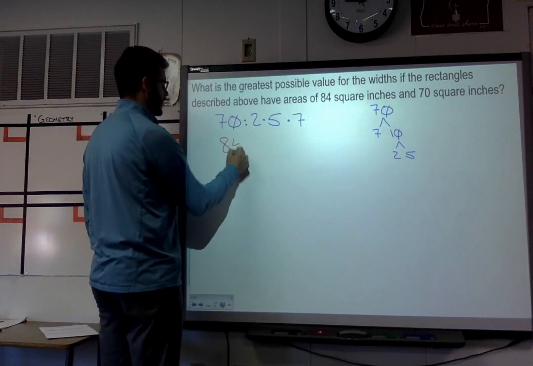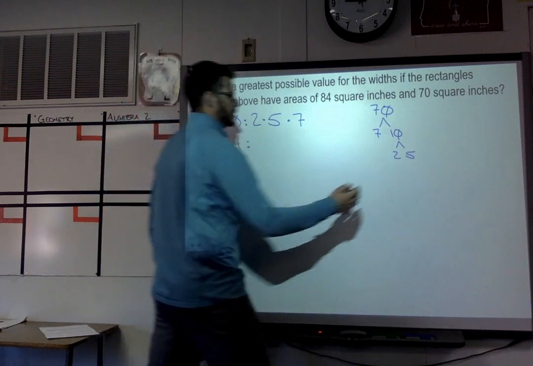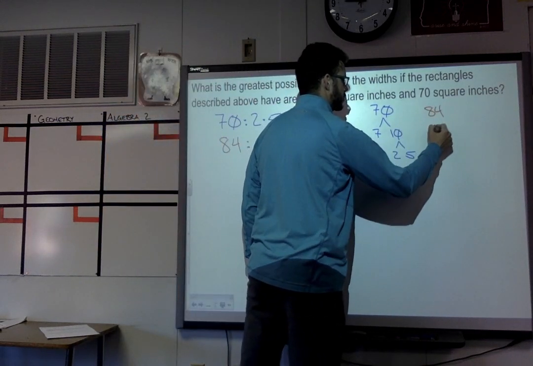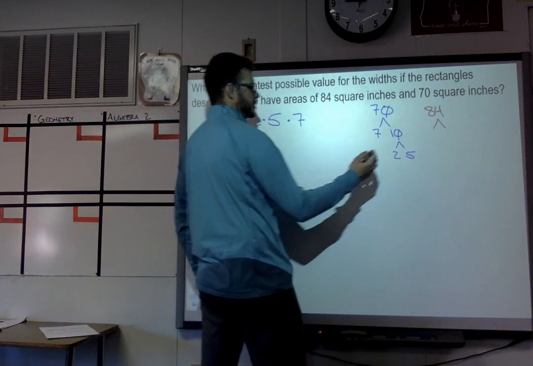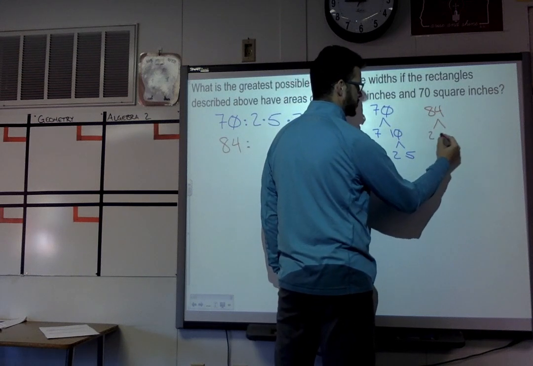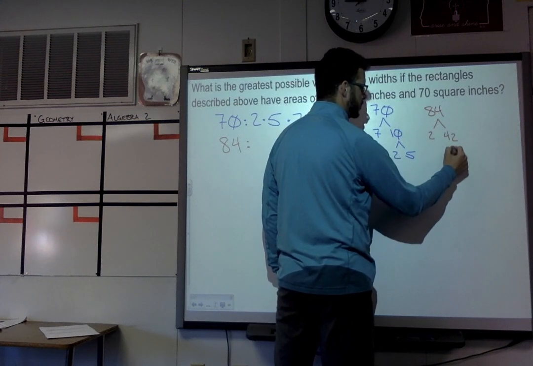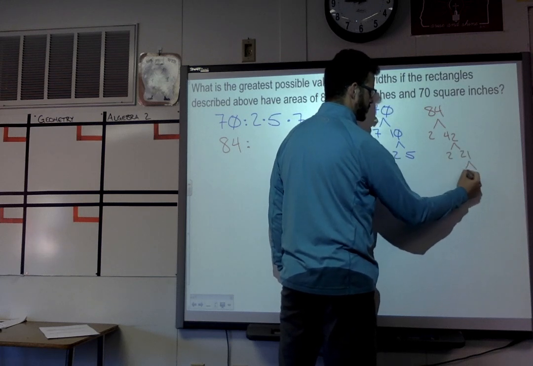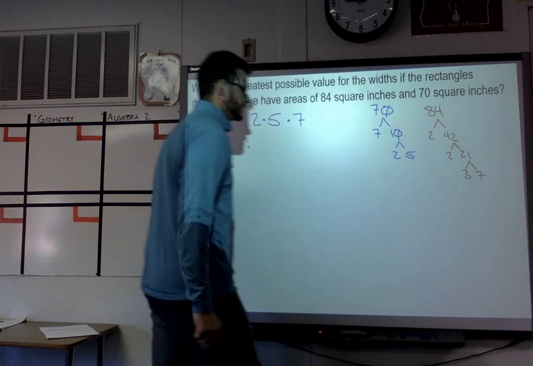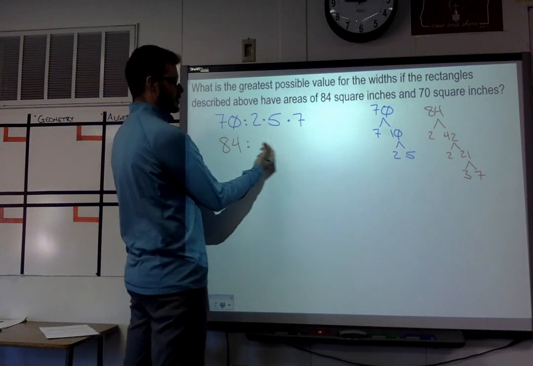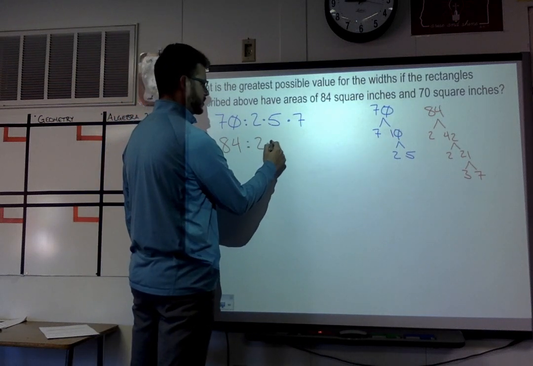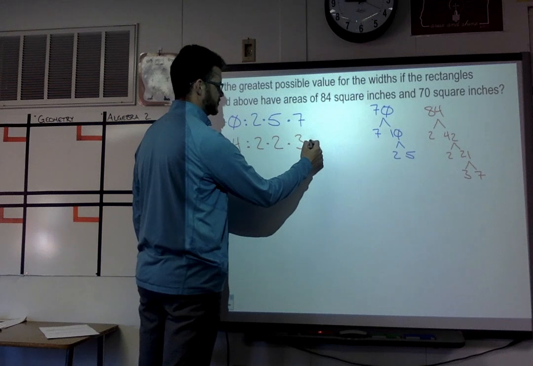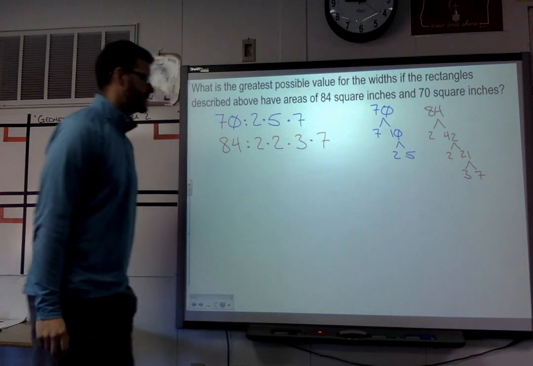Then we have 84, which breaks down to, let's see, that could be 2 times 42. 42 becomes 2 times 21. 21 becomes 3 times 7. So we could go 2 times 2 times 3 times 7.